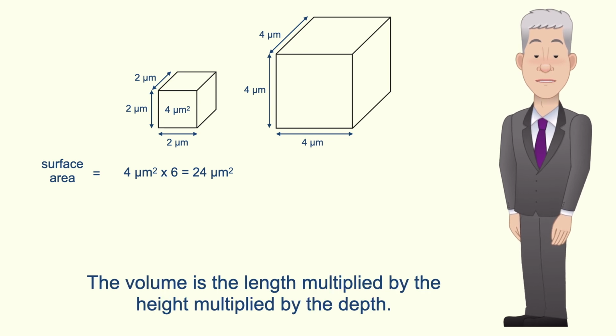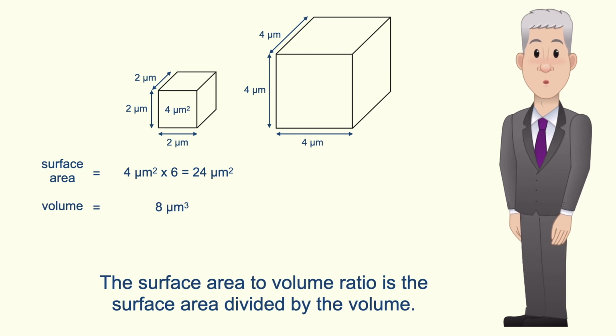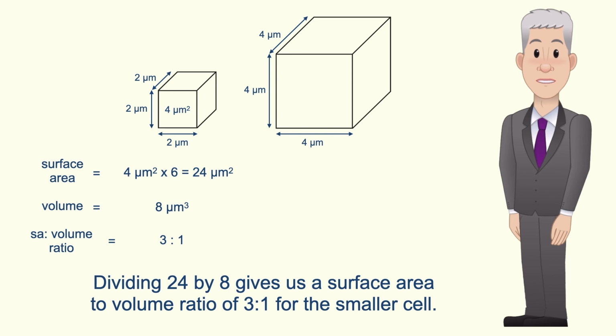The volume is the length multiplied by the height multiplied by the depth. 2 micrometers multiplied by 2 micrometers multiplied by 2 micrometers gives us a volume of 8 micrometers cubed. The surface area to volume ratio is the surface area divided by the volume. Dividing 24 by 8 gives us a surface area to volume ratio of 3:1 for the smaller cell.